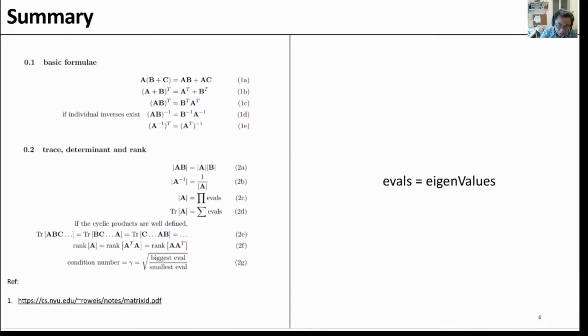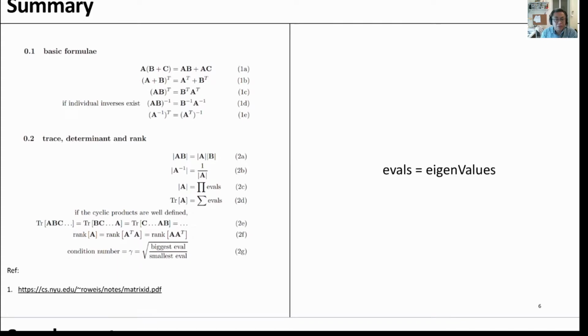So there seems to be a lot of rules and algebra to remember. In fact, there's a whole book of them. You can take a look at these notes where many equations are given, and practicing scientists do not memorize most of them. We only memorize some of them, like these simple ones over here.